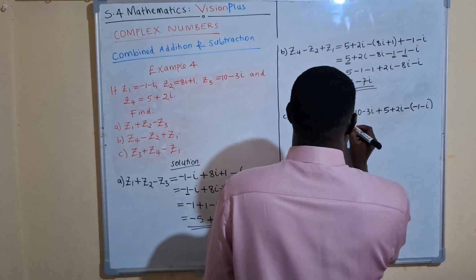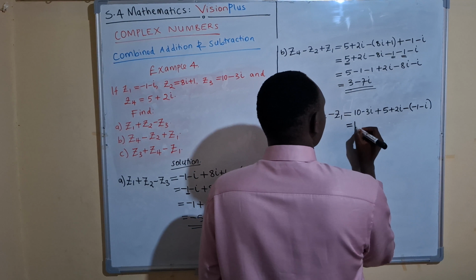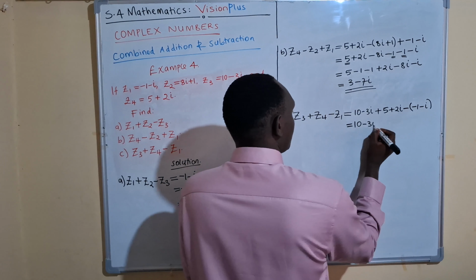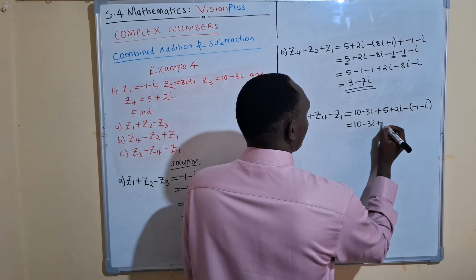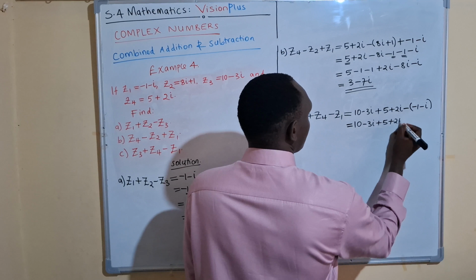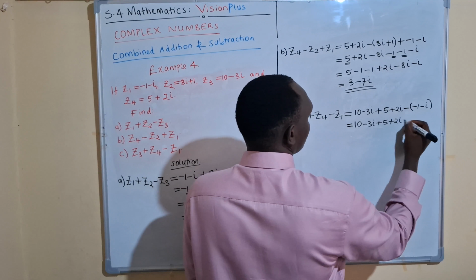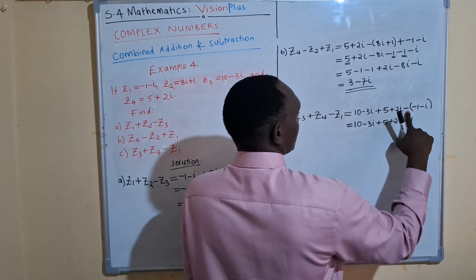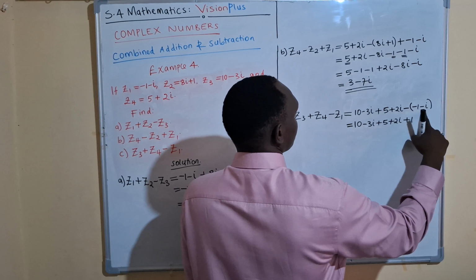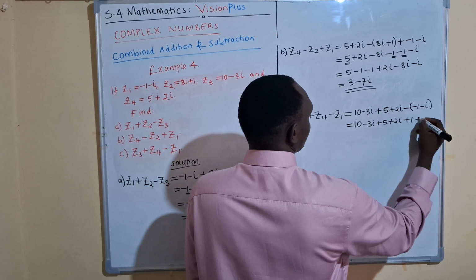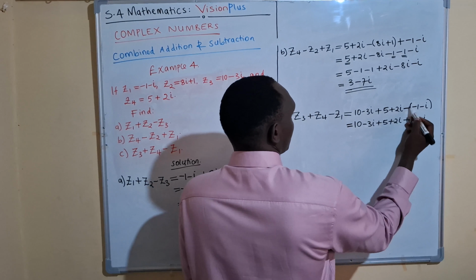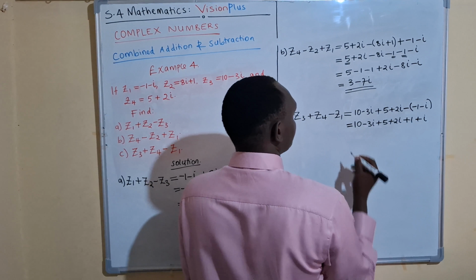So to simplify the brackets, let me keep 10 minus 3i, then 5 plus 2i. What is -1 times -1? +1. -1 times -i is +i. We are considering an imaginary one here.